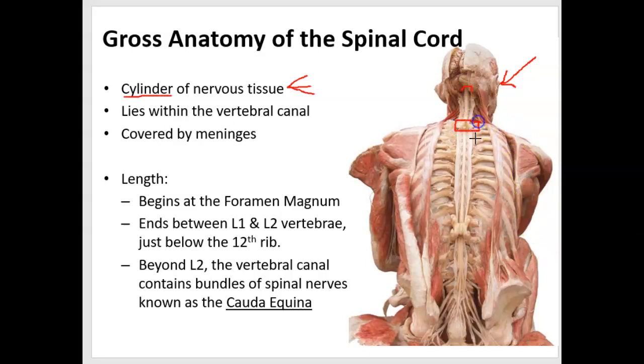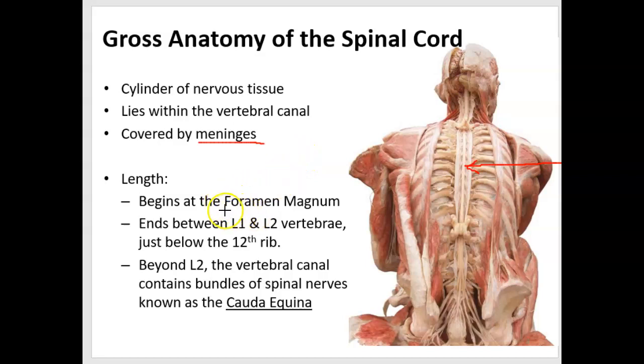T1 is still here, and I believe this is L2 right here. So you can see the cylinder of nervous tissue, the spinal cord, because the meninges have been cut open. And of course, remember, the meninges consist of three separate layers.